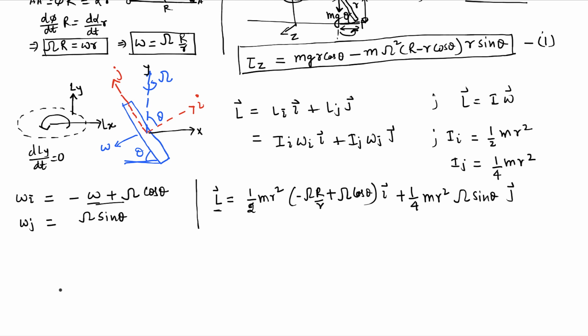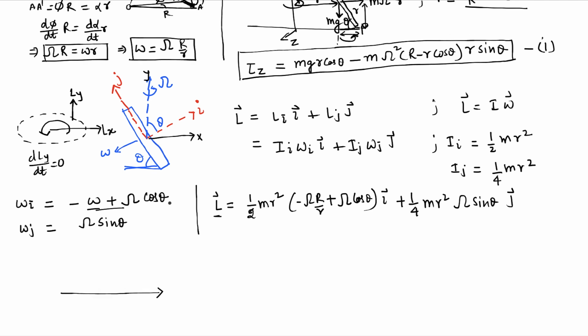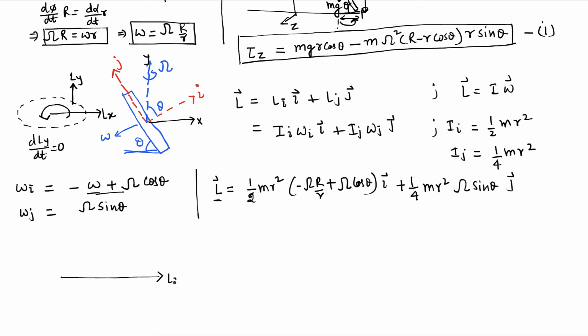So let's say that at this particular moment, this is the Lx. Now after some time, the Lx will move through an angle, let's say delta phi, okay? And this is delta Lx. This is perpendicular. Now if you see, first of all, the delta L is perpendicular to the Lx.